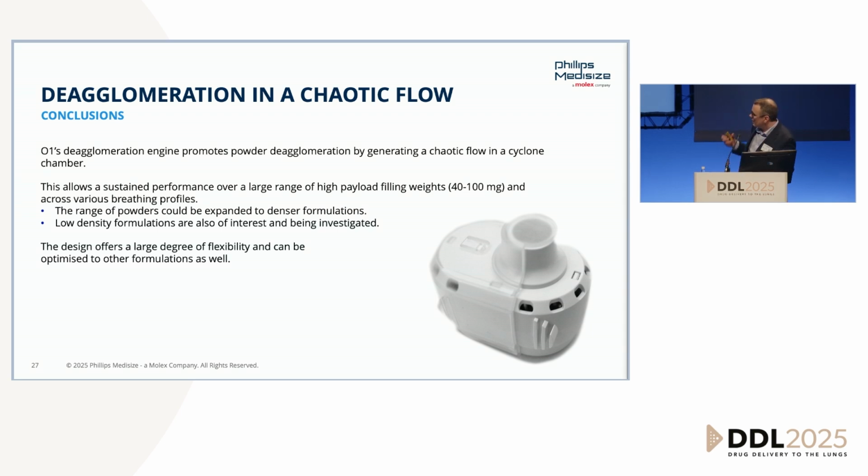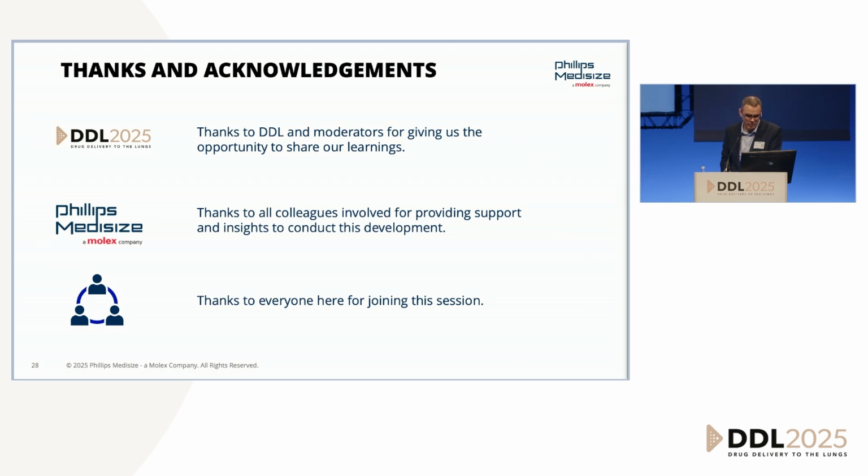We've investigated different types of formulation, which suggests that this mechanism is valid for a wider range of formulations than the ones I've presented here. And also, a good thing is that this design can be tuned to match different formulations and optimize the performance.